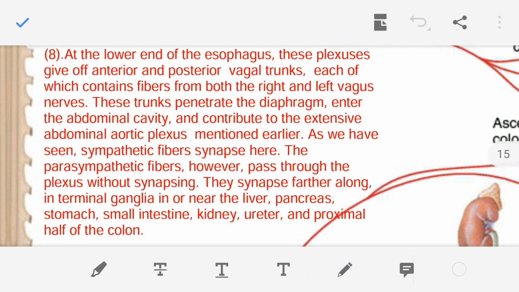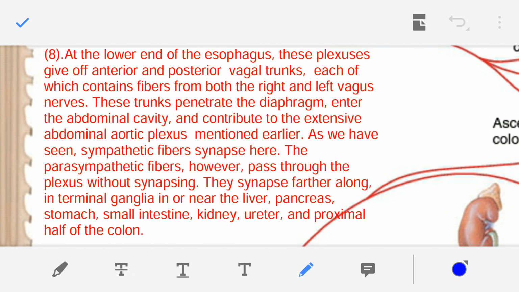Now from the trunk, the fibers penetrate the diaphragm and enter the abdominal cavity, and they contribute to the extensive abdominal aortic plexus. And about this plexus we have already discussed.